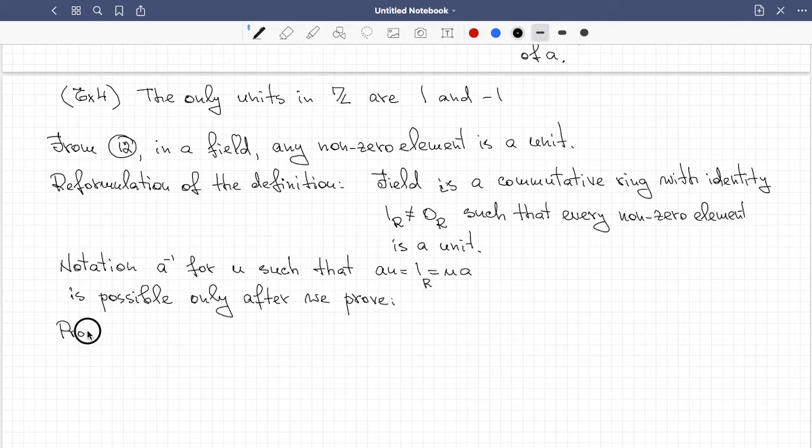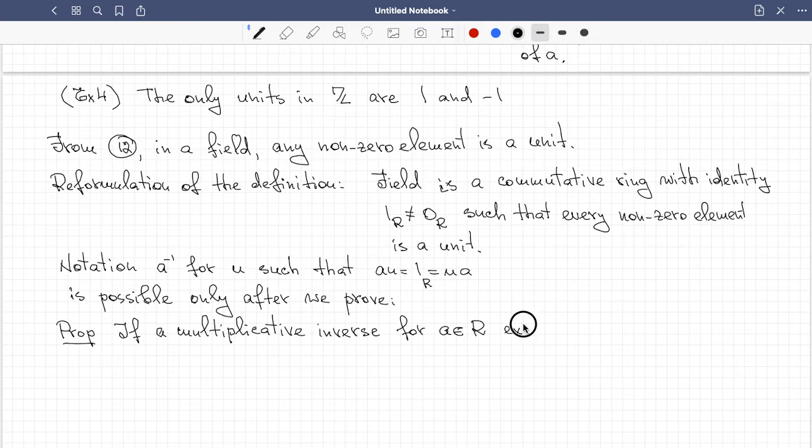Proposition. If a multiplicative inverse for some element in a ring with identity exists, then it is unique.